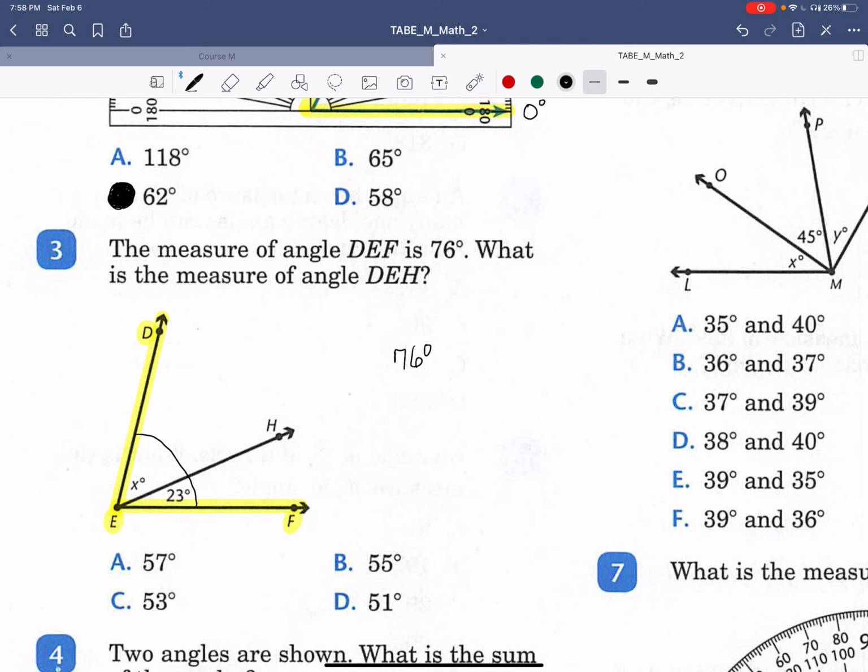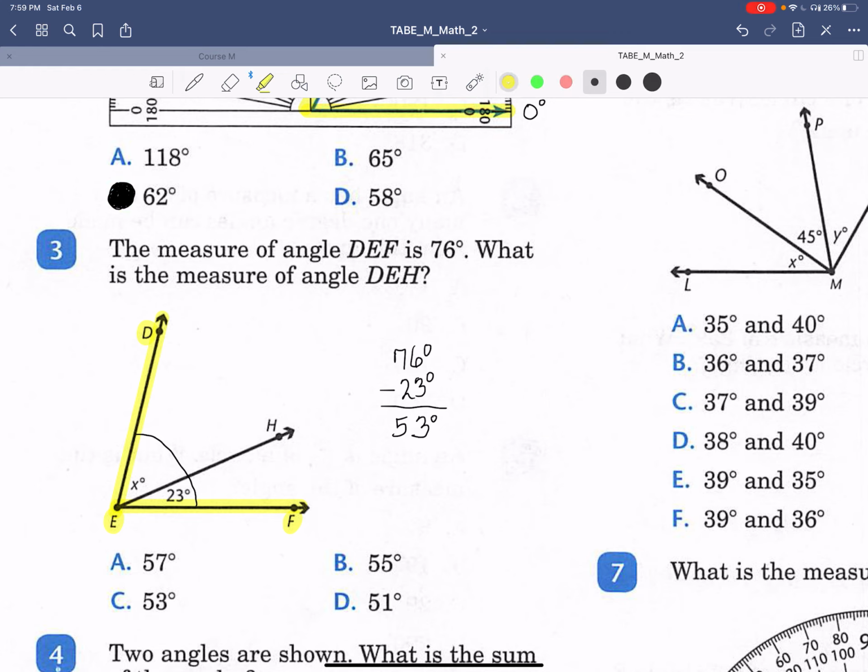And then angle DEH is the unknown. And they tell us HEF is 23 degrees. So I'm going to subtract those two to get a difference of 53 degrees.